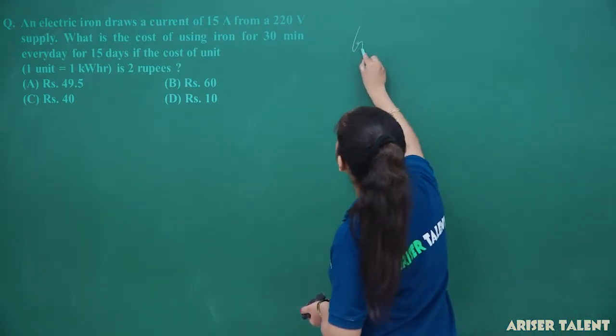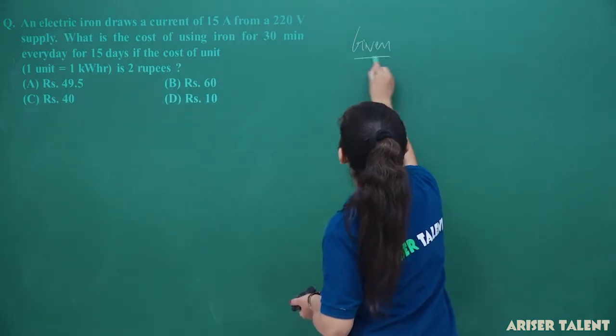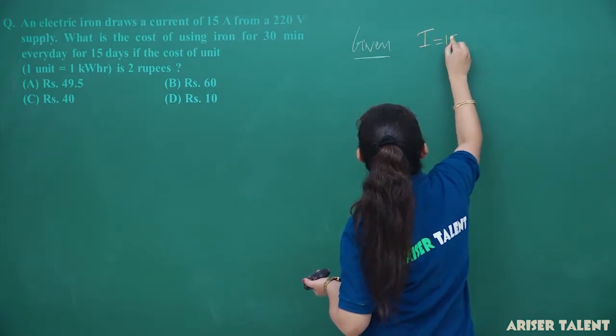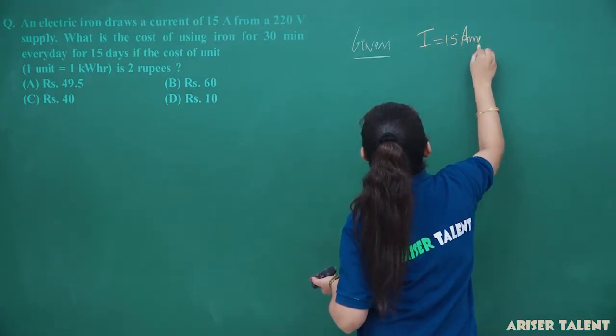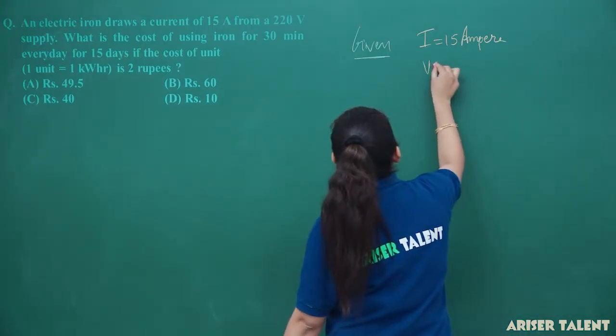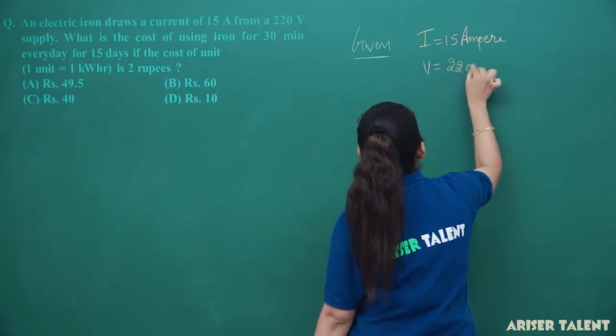So the given condition is I equal to 15 ampere from a 220 volt supply, value of voltage is 220 volt.